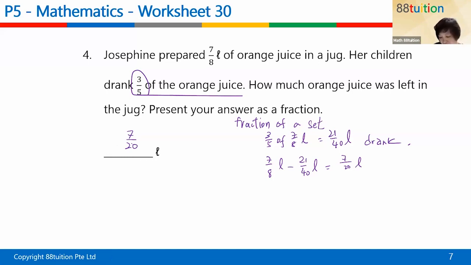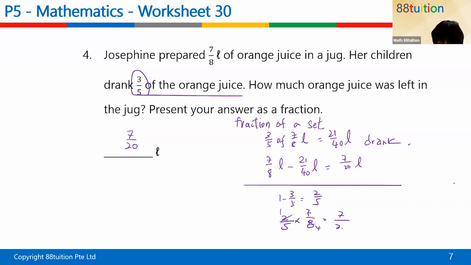Now, also can do this. For method number 2, since this is 3/5, 1 whole minus 3/5 is 2/5. Then you use 2/5 to multiply by the 7/8. So 7/20. This one is a little bit easier. Okay, all right.